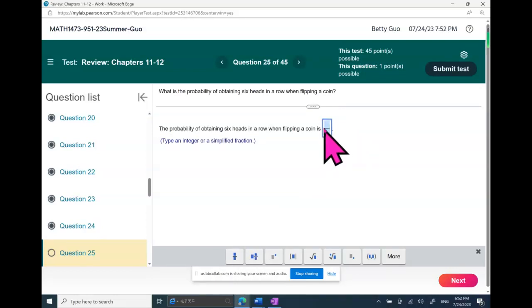Since the probability of getting a head is 1 over 2, we have six 1/2 to multiply together. The probability is 1/2 to the power of 6. 2 to the power of 6 is 64. So 1/2 to the power of 6, which is 1 over 64.